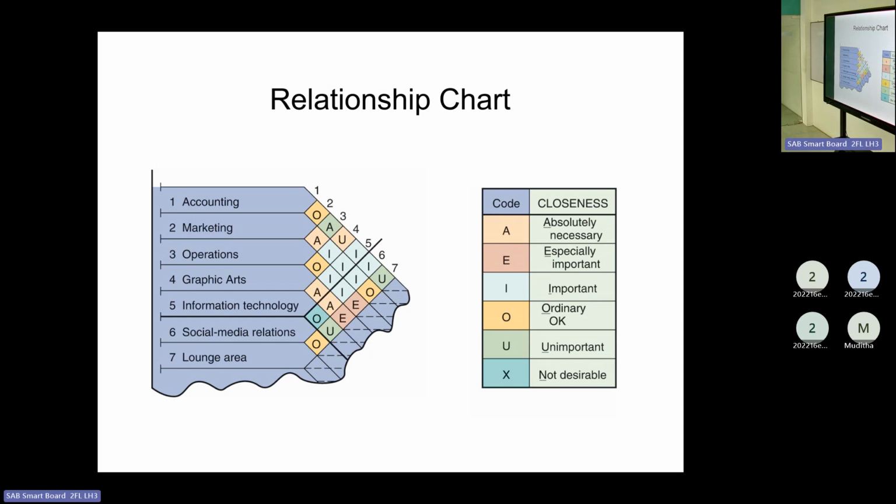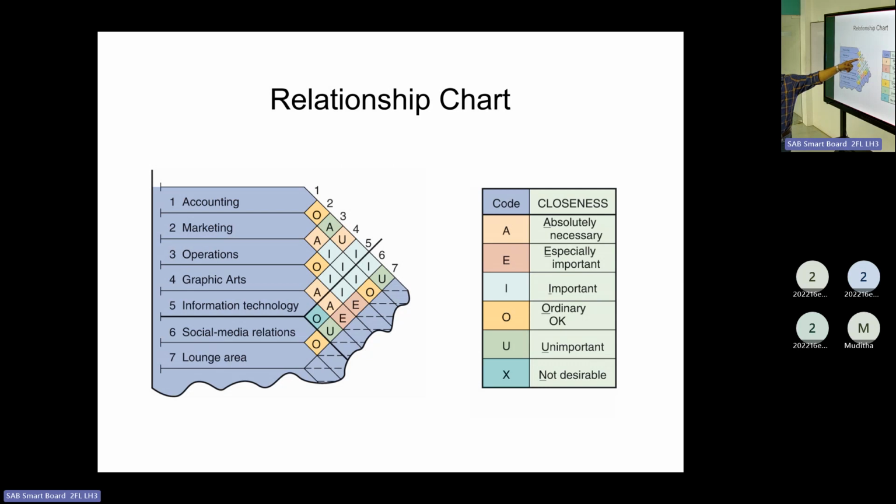Well, first of all, we need to identify the most preferred location. So we should first consider the A-type relations. Identify A-type relationships here. How many A-type relationships are there? 1, 2, 3, 4. Identify and write down what such departments are. So we have A: accounting and operations.